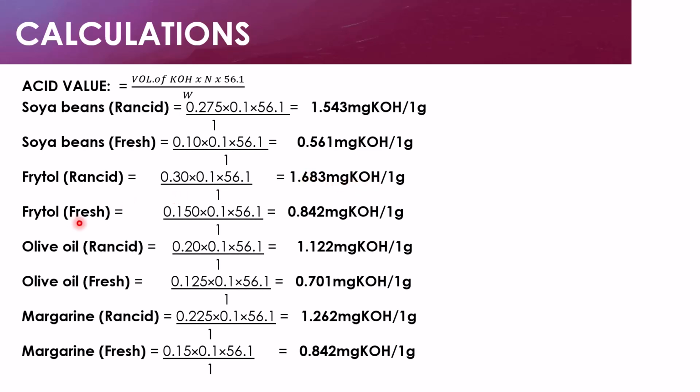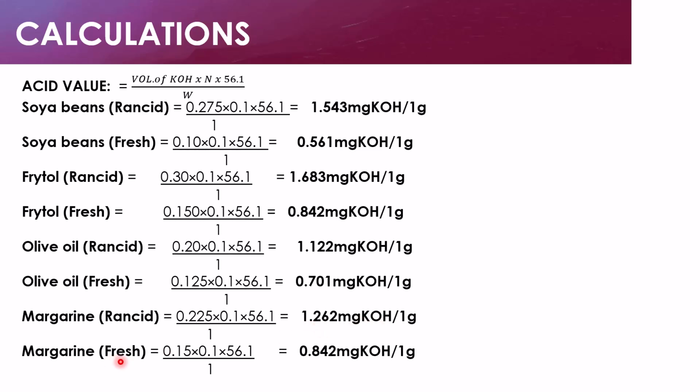For the fresh fried oil, we have 0.842 milligrams of potassium hydroxide per 1 gram. For the rancid olive oil, we have 1.122 milligrams potassium hydroxide per 1 gram. And for the fresh olive oil, we have an acid value of 0.701 milligrams of potassium hydroxide per 1 gram. For the rancid margarine, we have an acid value of 1.262 milligrams of potassium hydroxide per 1 gram.